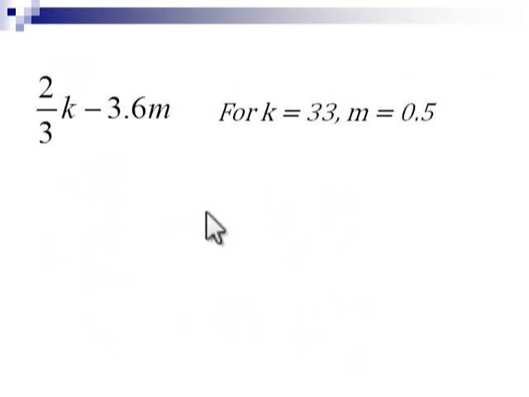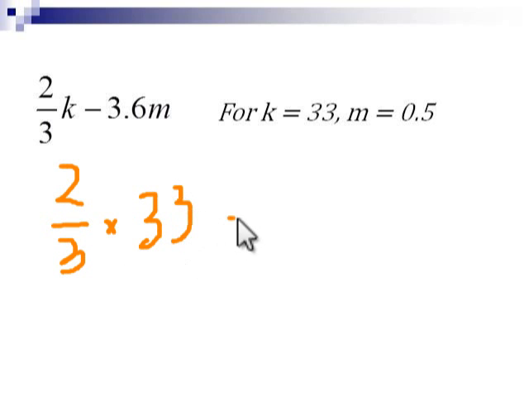Our third example, we're doing 2/3 times k minus 3.6 times n. So we're going to substitute 33 for k, so 2/3 times 33 minus 3.6 times 0.5.